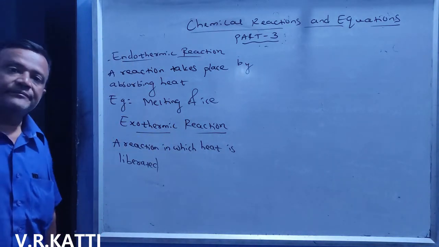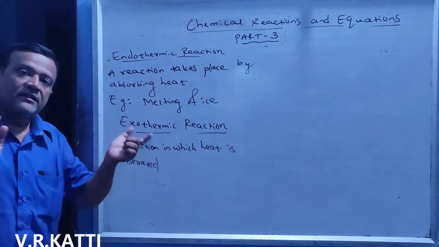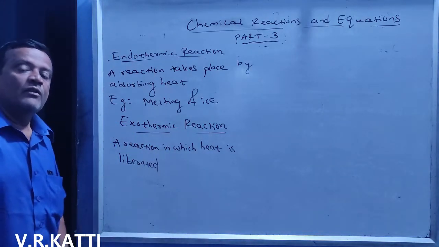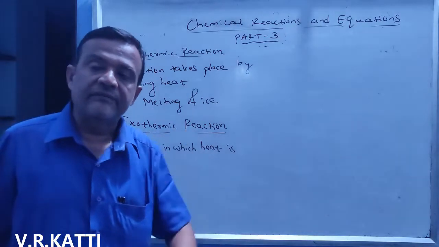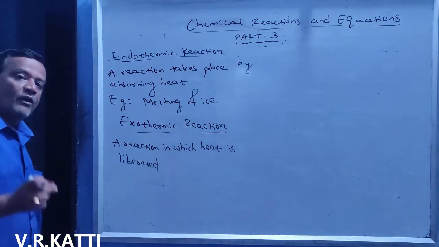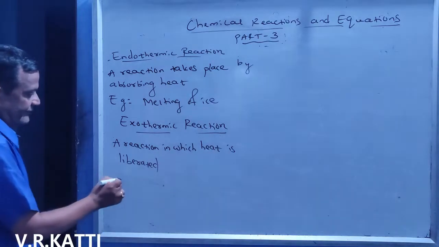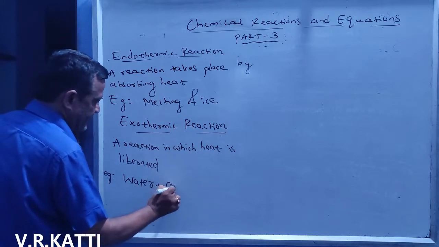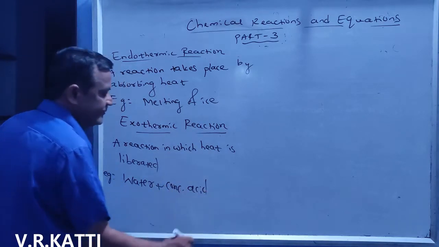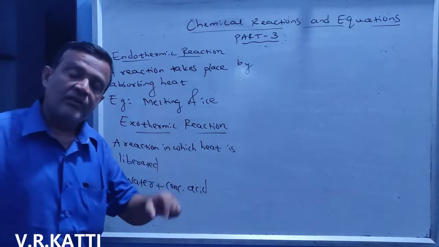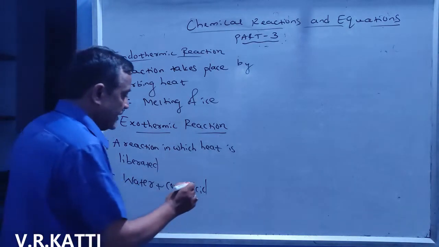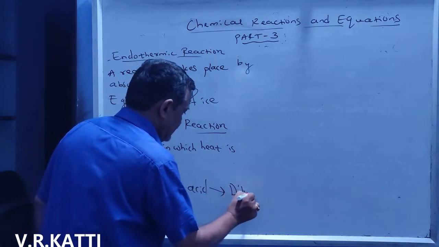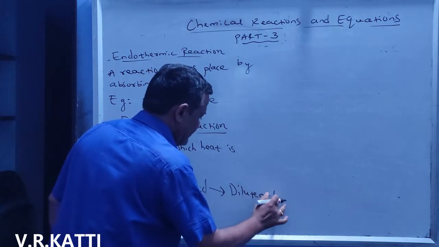Students, for example, if you mix water and acid while making dilute acid, what do we do? We go on adding water to the concentrated acid slowly. Water plus concentrated acid forms dilute acid plus heat.